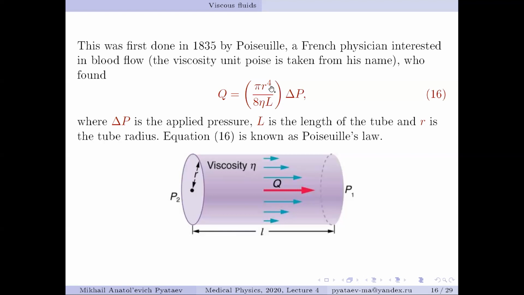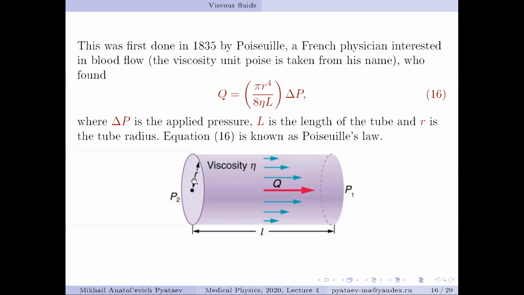Why is it so? It is because the larger R, the larger velocity at the center of the tube. At the edges of the tube, we always have zero velocity, but the larger R, the farther from the edges we are, and that's why the speed is larger.